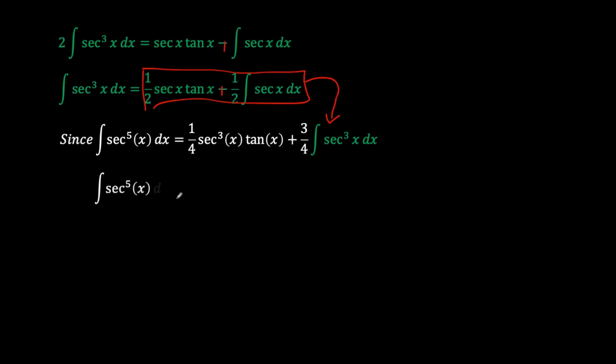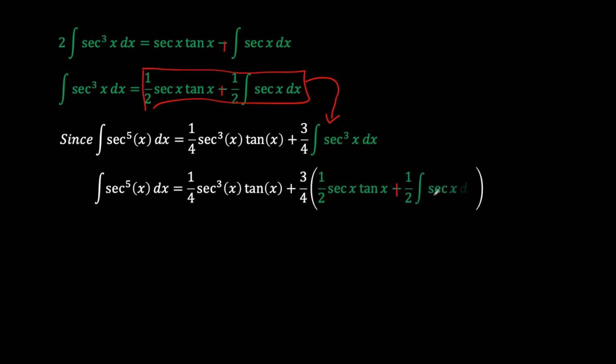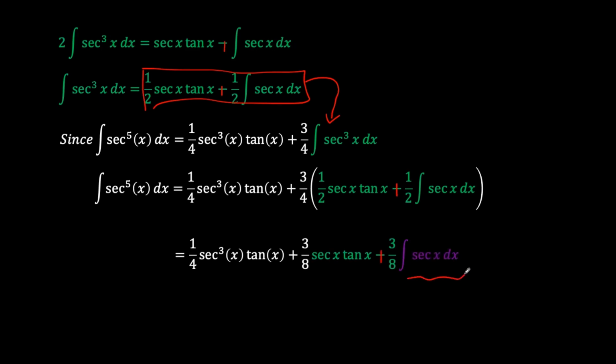And so we have the integral of sec to the power 5x being equal to a quarter sec cube x tan x plus 3/4 times a half sec x tan x plus a half the integral of sec x. And so we have a quarter sec cube x tan x plus 3/8 sec x tan x plus 3/8 the integral of sec x. And this is now what we're going to focus on right now.